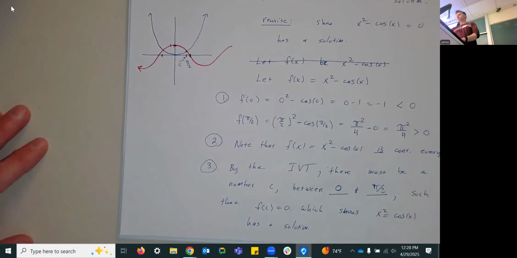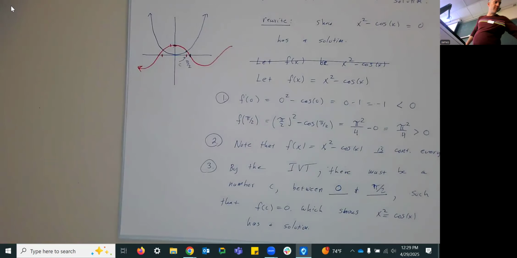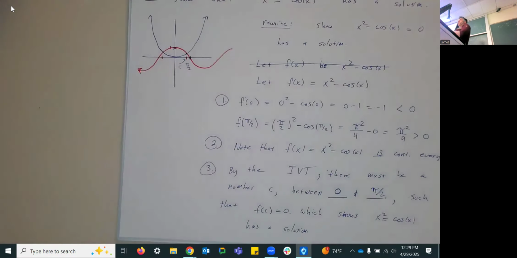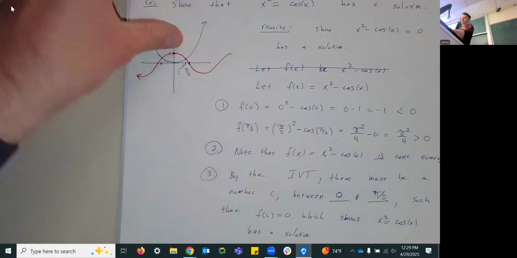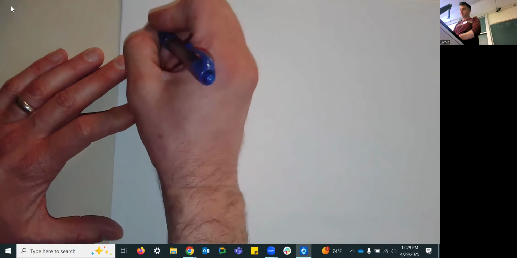Is it fair to say that if one is greater than 0 and one is less than 0, then it's continuous? No, not at all. So for example, I'm trying to think of an example now. Let me pick something very straightforward.